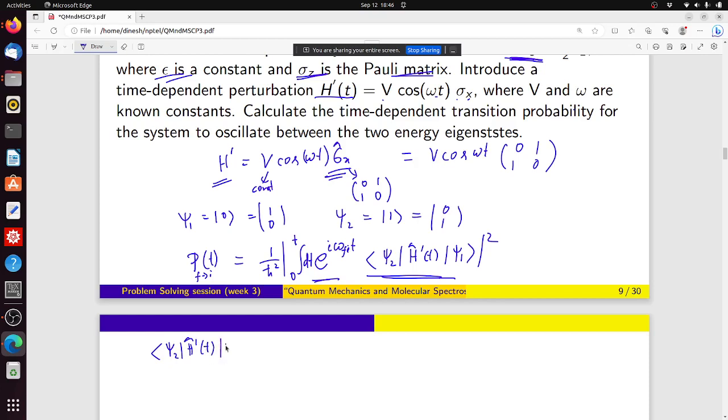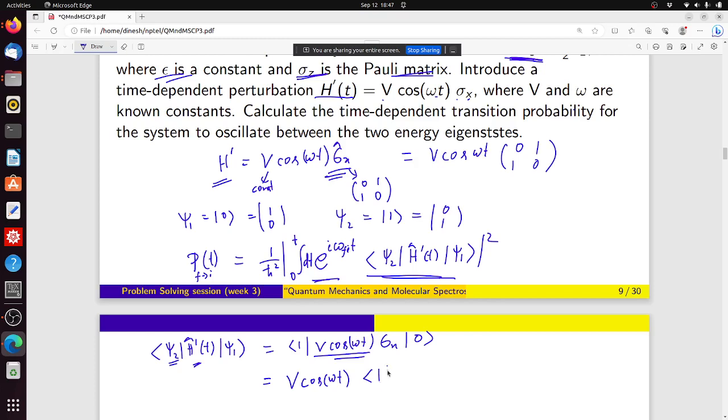Let's find out psi 2 H prime of t psi 1 first. I have denoted psi 2 as state 1, and H prime of t is nothing but V cos omega t sigma x, and psi 1 is the 0th state. V cos omega t is time dependent, but our states do not depend on time, so we can take it out.